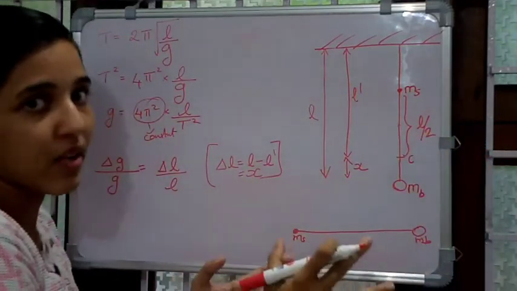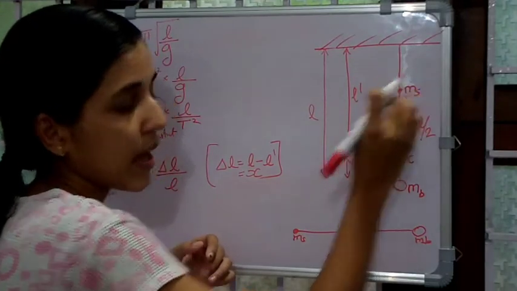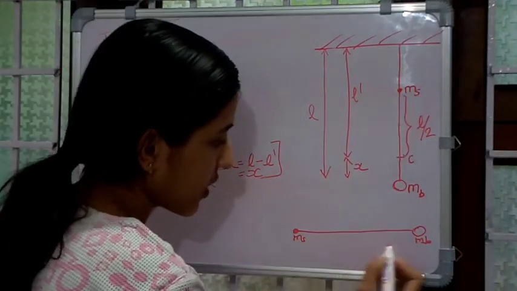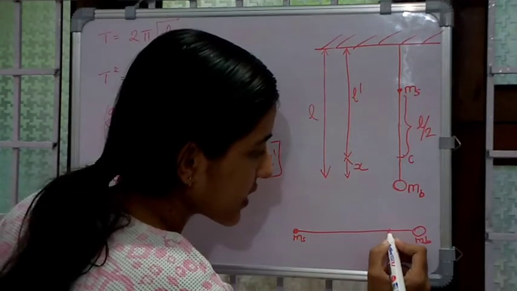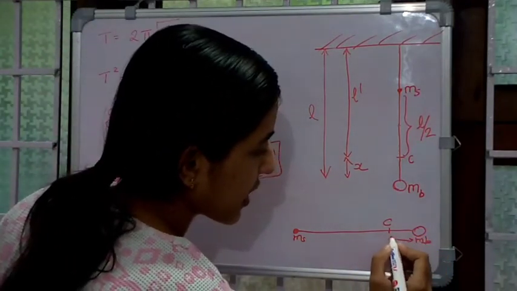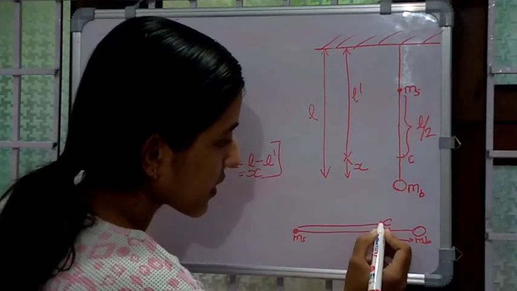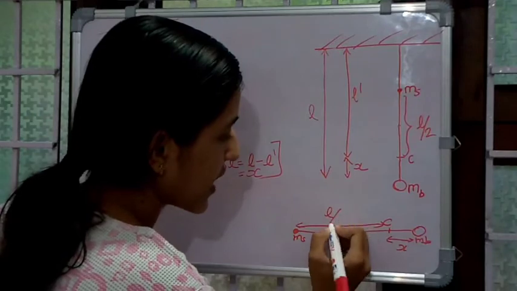In that manner only you need to plot this point ms. So here is the center of mass, this distance we have named x, and this distance is L by 2.